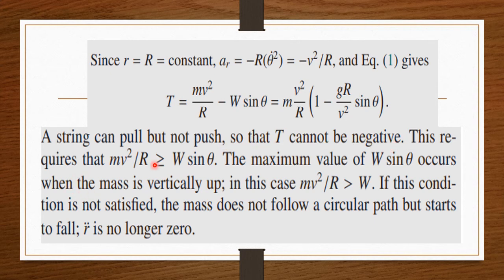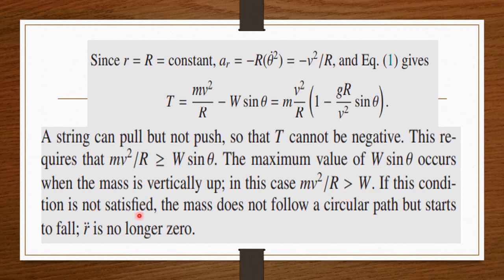This requires that m v square by r must be greater than or equal to W sin theta. The maximum value of W sin theta occurs when the mass is vertically up, that is when sin theta equals sin 90, which is 1. In that case, m v square by r must be greater than W. This should be the condition to be satisfied.